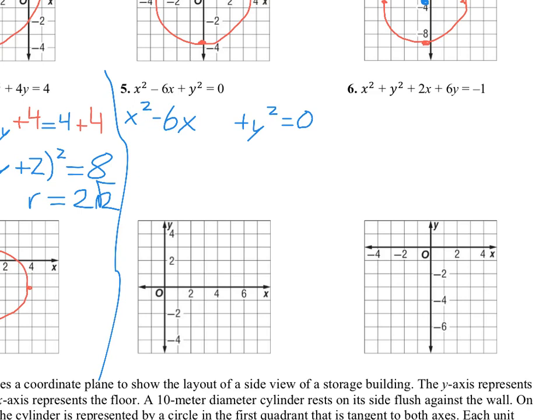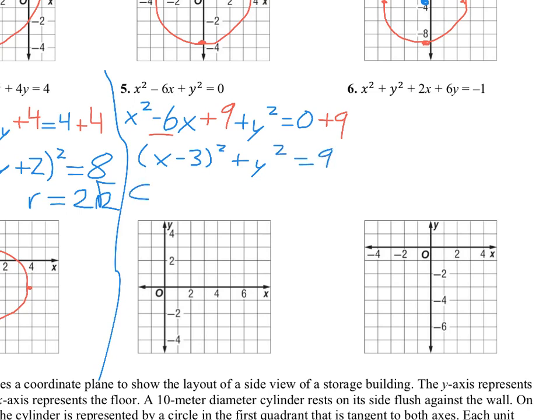Okay, so for the x's, we see a negative 6. Divide that by 2 makes negative 3. Then negative 3 squared is plus 9. Add it to the other side and factor. So we have x minus 3 squared plus y squared equals 9.